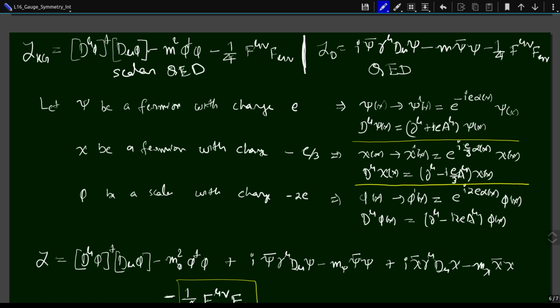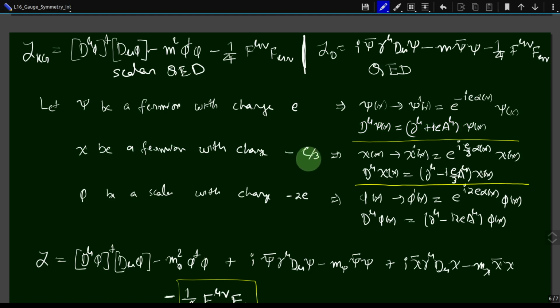So this is what defines the field to be charged with a charge E, and of course then d mu acting on phi is defined as we have discussed earlier: del mu plus i E A mu acting on phi. Now let chi be another fermion with charge minus E by 3.